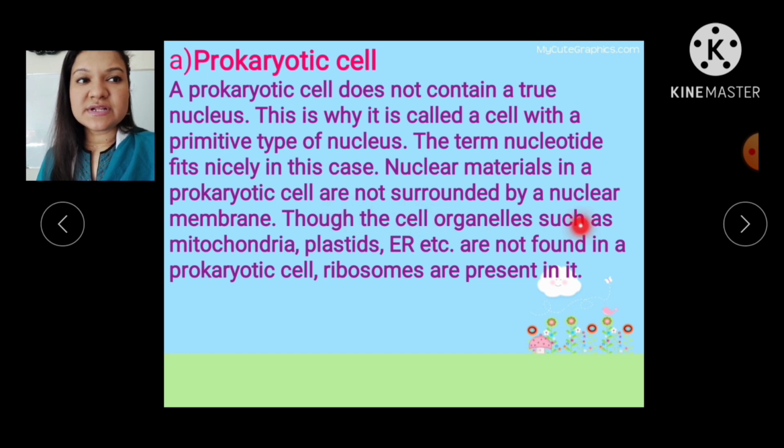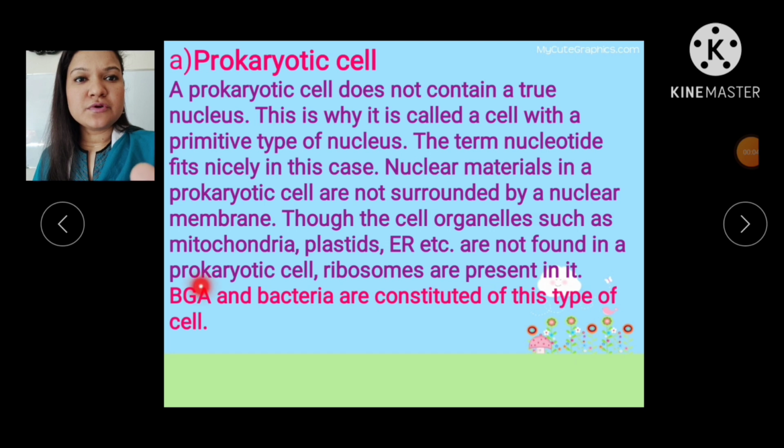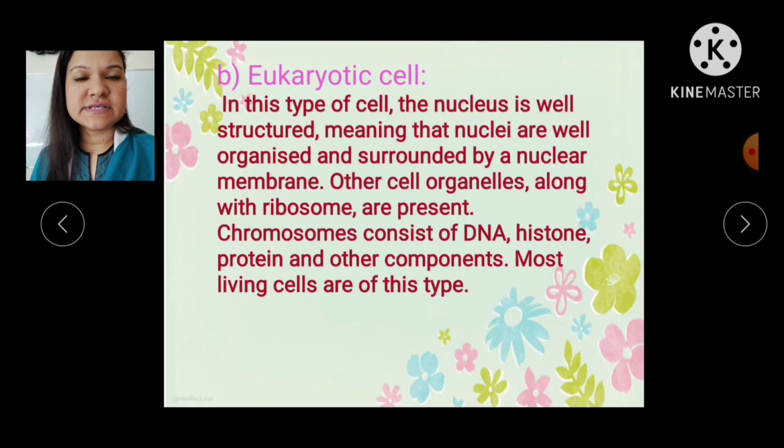Though cell organelles such as mitochondria, plastids, ER, that is endoplasmic reticulum, etc. are not found in a prokaryotic cell, ribosomes are present in it. Examples of prokaryotic cells: blue-green algae and bacteria are constituted of this type of cell.